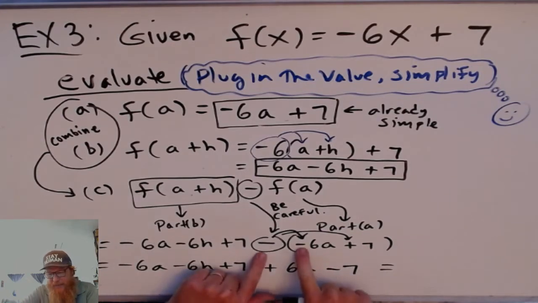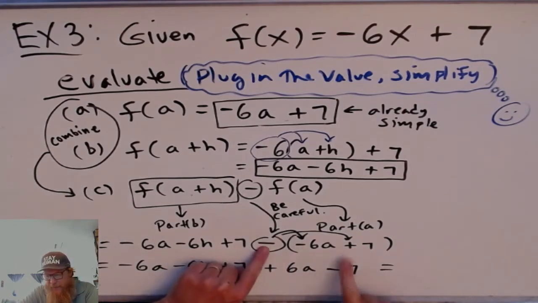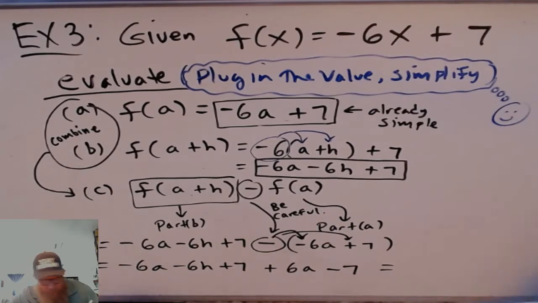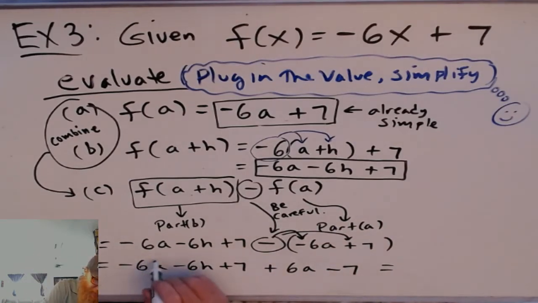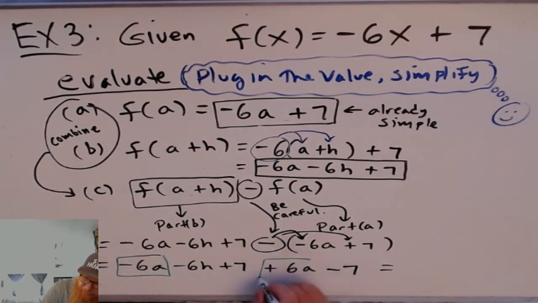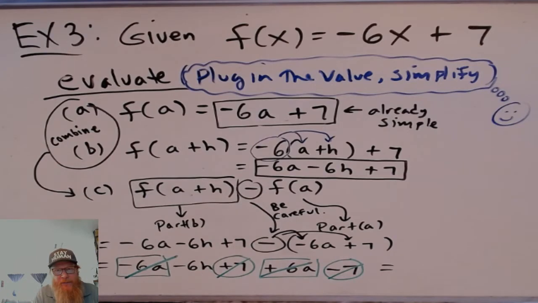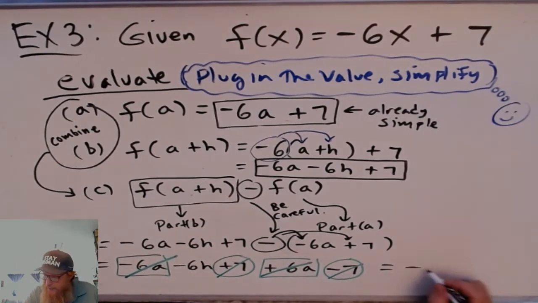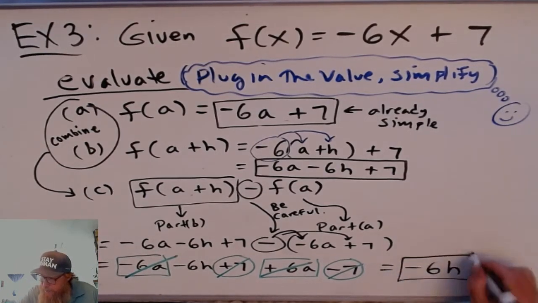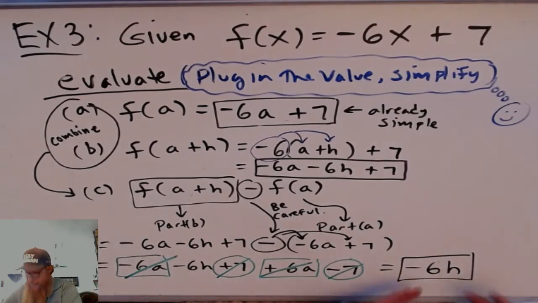Negative times a negative is a positive. Negative times a positive is a negative. And then I'm going to cancel 6a, negative and a positive. Those are going to cancel. 7, negative 7, positive and a negative. Those are going to cancel. And so my final answer is just negative 6h. And that's it. That's the simplified evaluation.